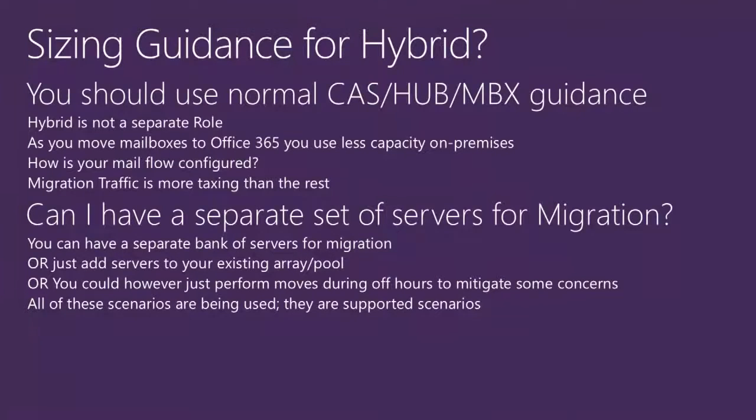Obviously, over time, as more users get to Office 365, the load on those servers will actually diminish. So that being said, make sure that you take that into account when you are deploying hybrid. If you have an array of client access servers which can support the load of your 10, 15, 20,000 users or even 500 users, then you should be okay for the same workload in Office 365.